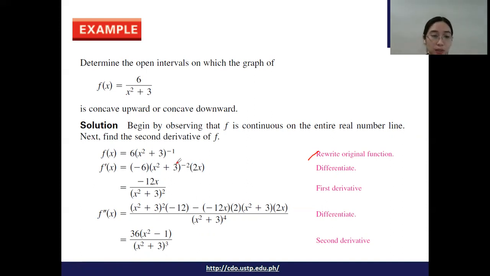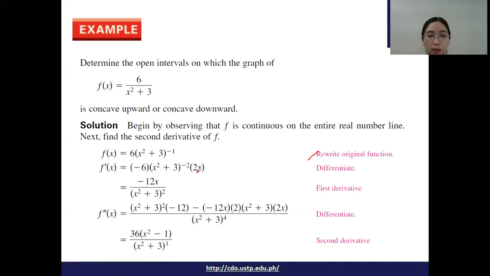By using the chain rule, we have negative 1 times 6, which is negative 6, times the quantity x squared plus 3 to the power of negative 1 minus 1, which is negative 2. Then we have the derivative of the inner part, 2x.